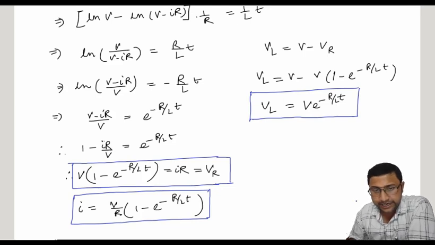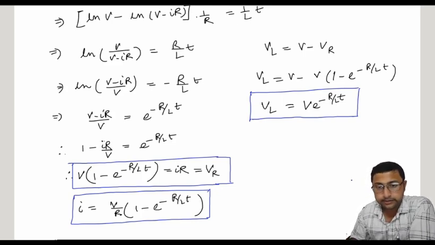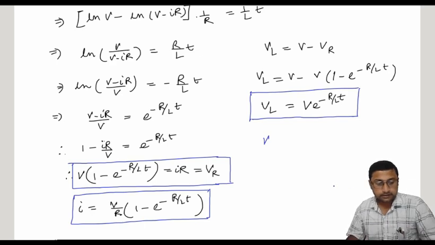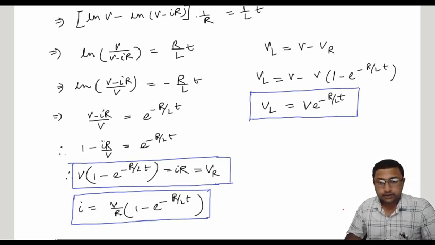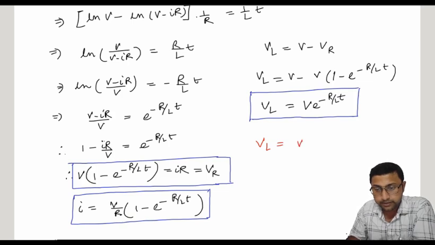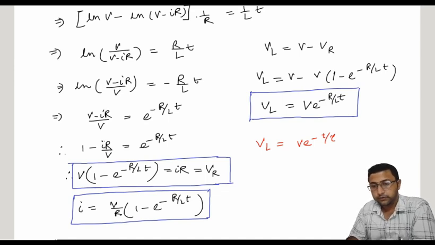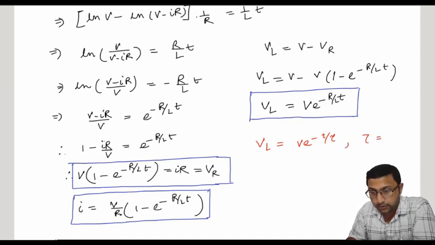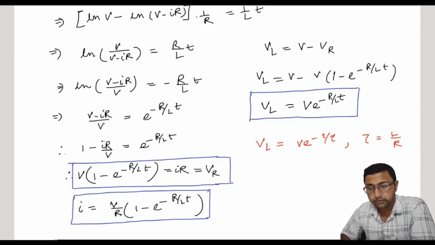The inductor voltage can be represented in such a way that VL will be V e to the power minus t by tau, where tau equals L by R. What is tau?